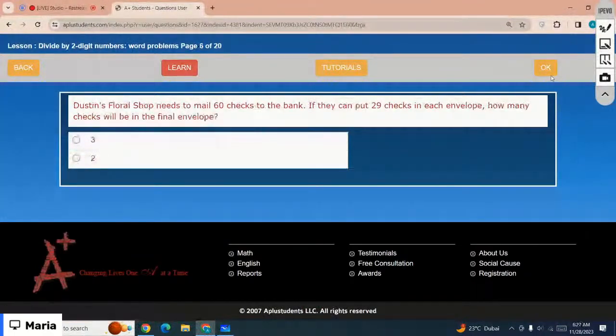Distance Floral Shop needs to mail 60 checks to the bank. If they can put 29 checks in each envelope, how many checks will be in the final envelope? Which is the correct option?